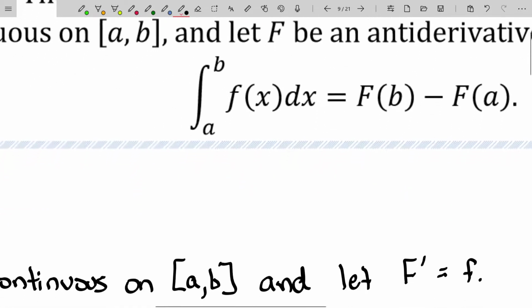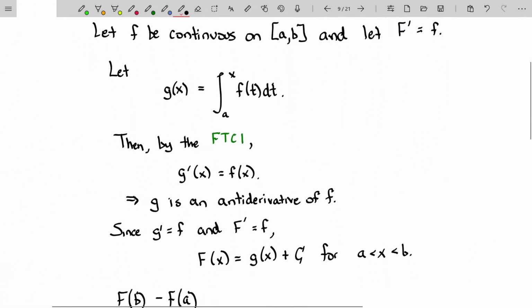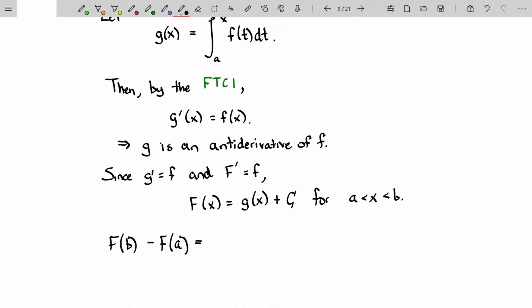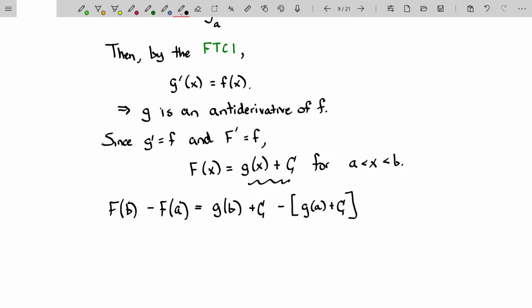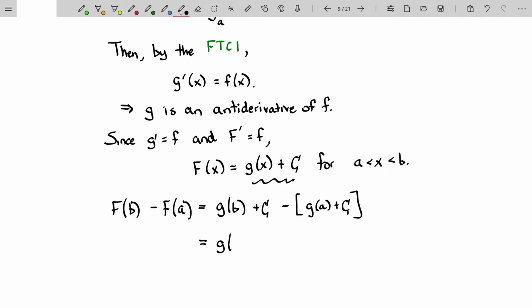So capital F evaluated at b is, according to this equation here, g of b plus that constant c, minus the quantity g at a, again plus that constant c. Well, you can see the constants will disappear, and we have g of b minus g at a.